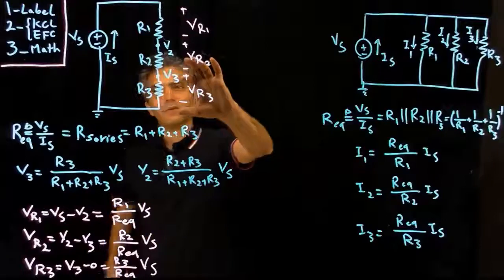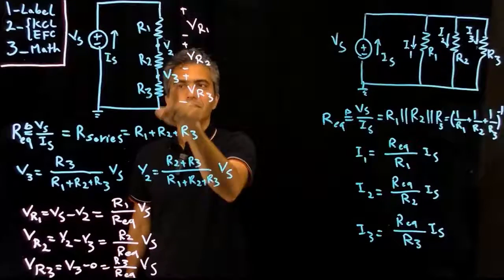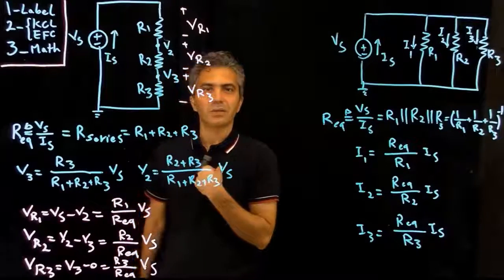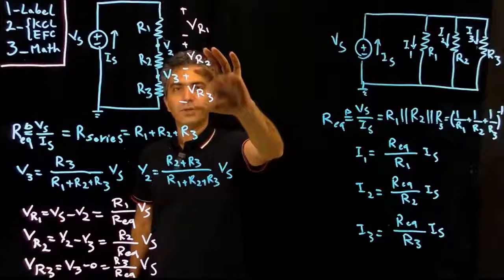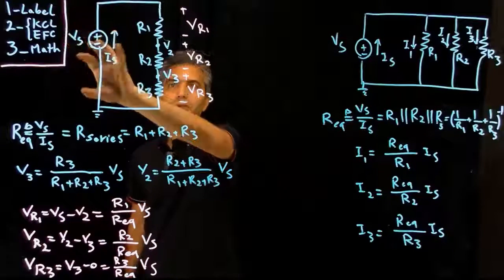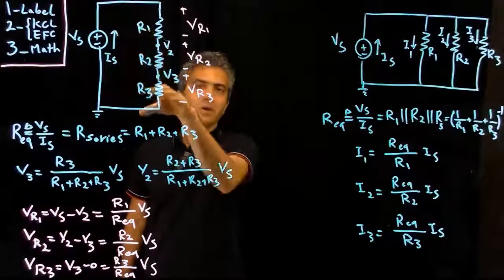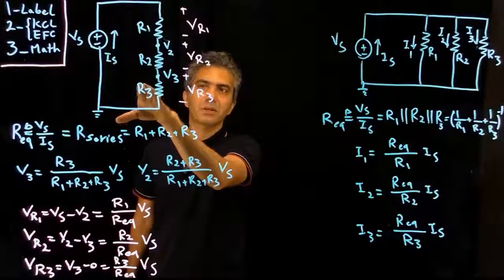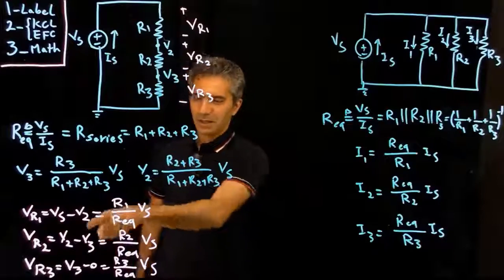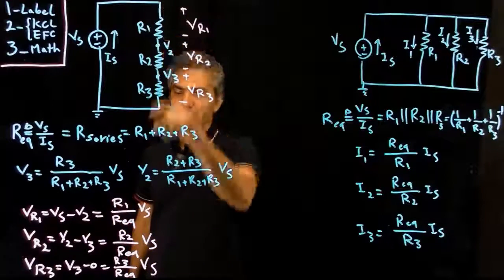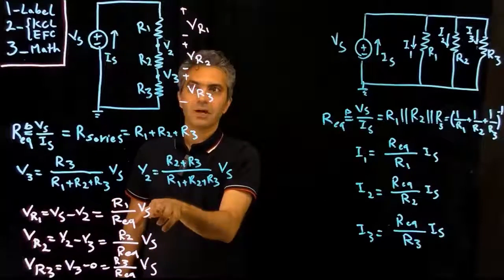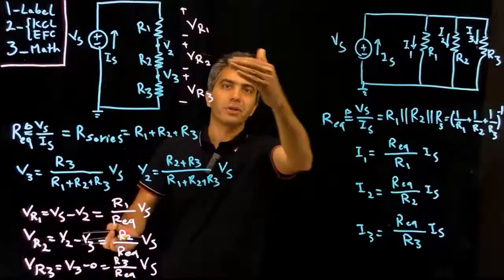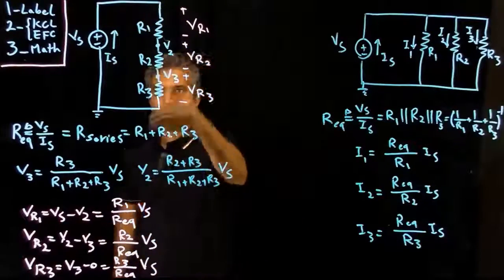So again, if we define the voltage as the difference between the potential on the two sides of the resistor, that voltage is the whole voltage distributed amongst all these individual resistors proportional to the value of the resistor with respect to the total thing, as you can see here. So the voltage across R1 is R1 over the whole thing times the whole voltage, proportionally getting distributed between all the resistors.